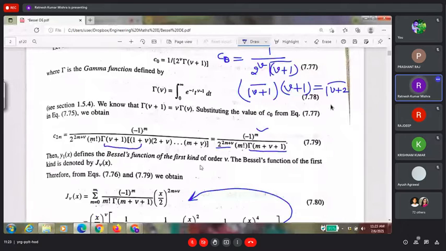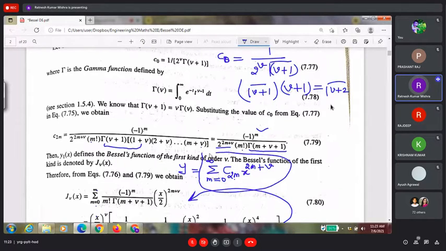If you write the solution, y equals summation m equal to 0 to infinity C2m, because C1, C3, C5, etc. are 0. This is x to the power 2m plus v. So for the first solution, if you substitute C2m here, this is the first independent solution.